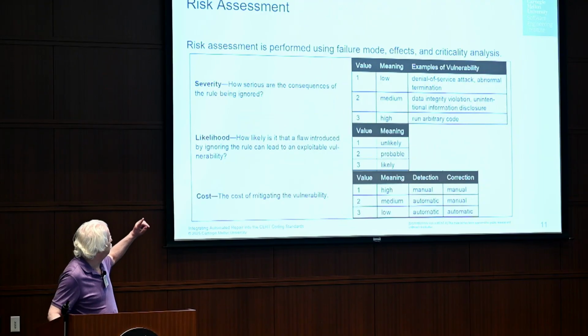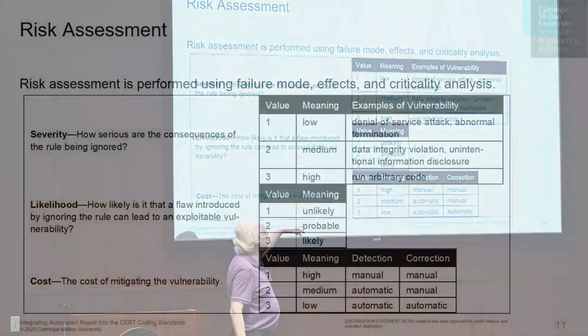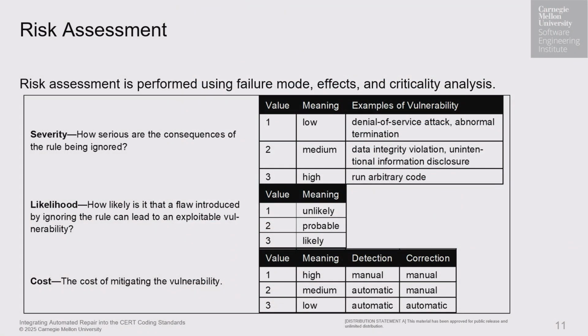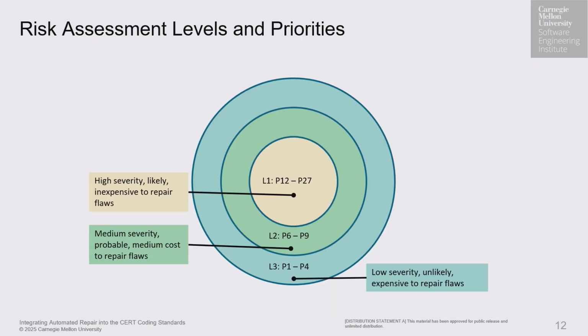Finally, each of these metrics winds up with a number between 1 and 3, and you can multiply those numbers together to produce a product, which is a number between 1 and 27. And we just simply categorize the rules into 3 buckets, where the top bucket of priorities 12 through 27 are the most severe, the ones that are most likely to get you to have attackers run remote code, the ones that are most likely to get attacked, and the ones that are the easiest to fix.